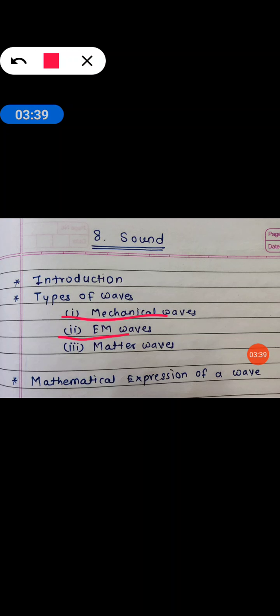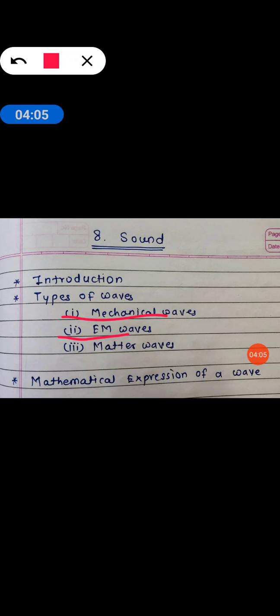What are the examples of electromagnetic waves? The examples given are radio waves, microwaves, ultraviolet rays, X-rays, gamma rays, etc. These are a few examples given in the book.